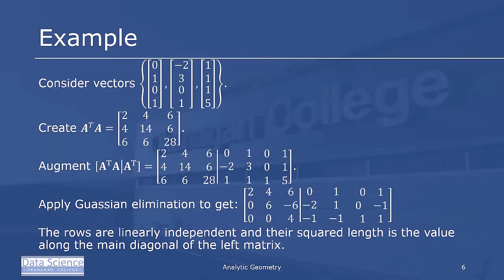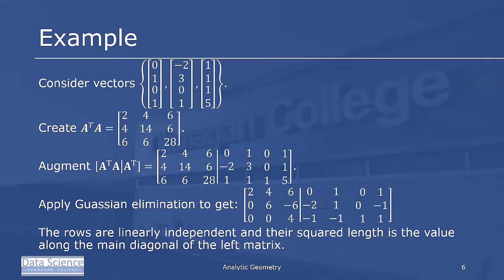Going back to the idea of coming up with an orthonormal basis, let's consider the vectors 0, 1, 0, 1, negative 2, 3, 0, 1, and 1, 1, 1, 5. If we calculate A transpose A, we get the matrix 2, 4, 6, 4, 14, 6, 6, 6, 28.